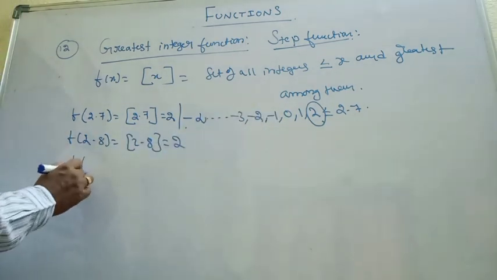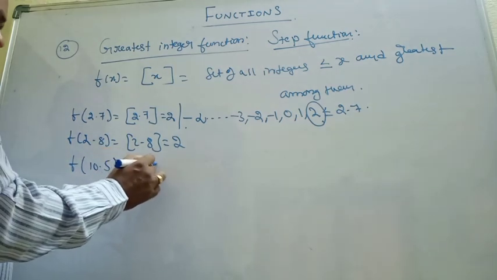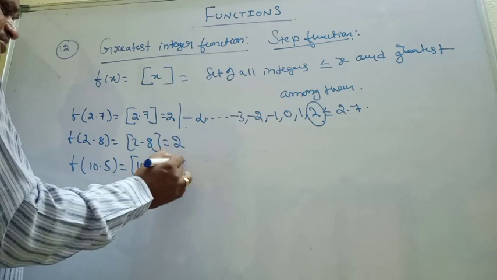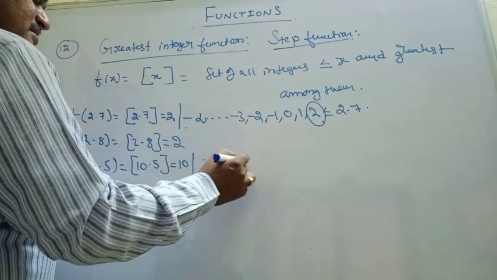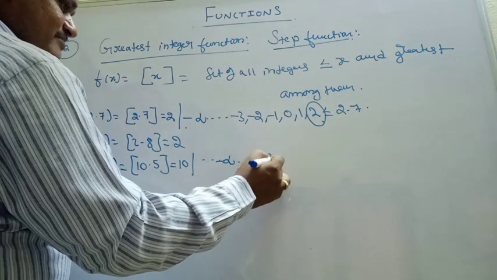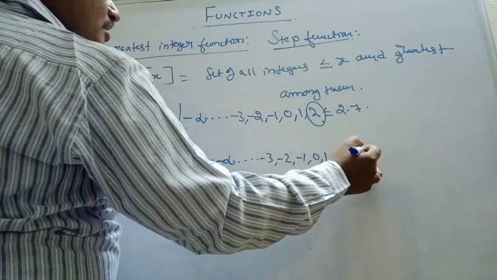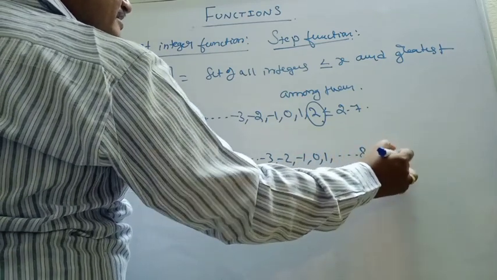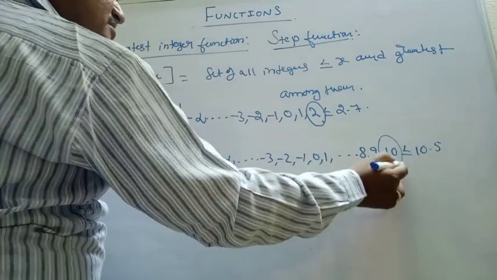Now I want f(10.5). The greatest integer function of 10.5 is 10. Same concept: all integers lesser than or equal to 10.5, something like minus 3, minus 2, minus 1, 0, 1, and so on up to 8, 9, 10. And the greatest among them is nothing but 10.